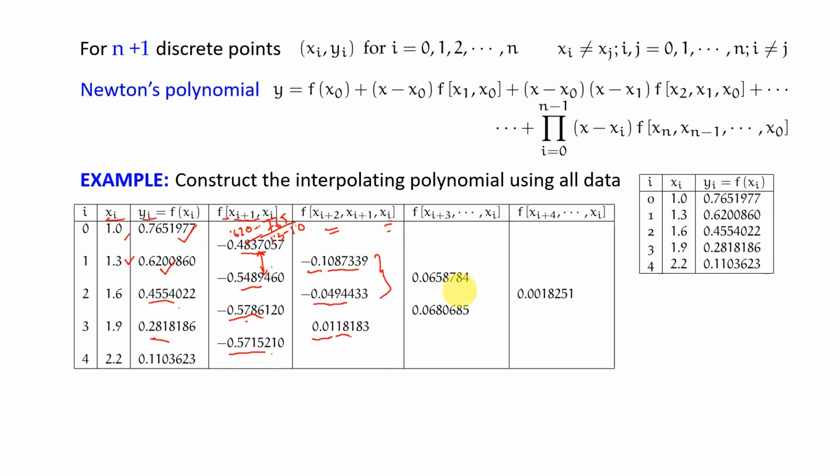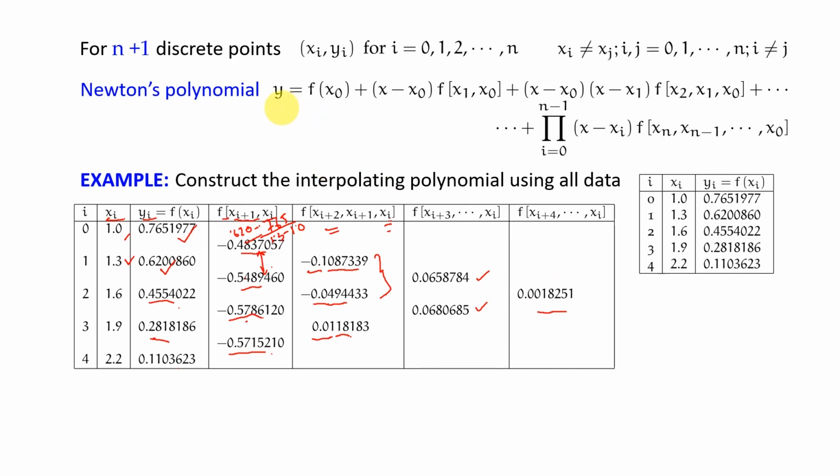So the next column is 0.065, 0.0680. Then I go to the last column. Here I have two terms, so this is my fourth and final finite difference, that is 0.0018. So now I have populated this table.